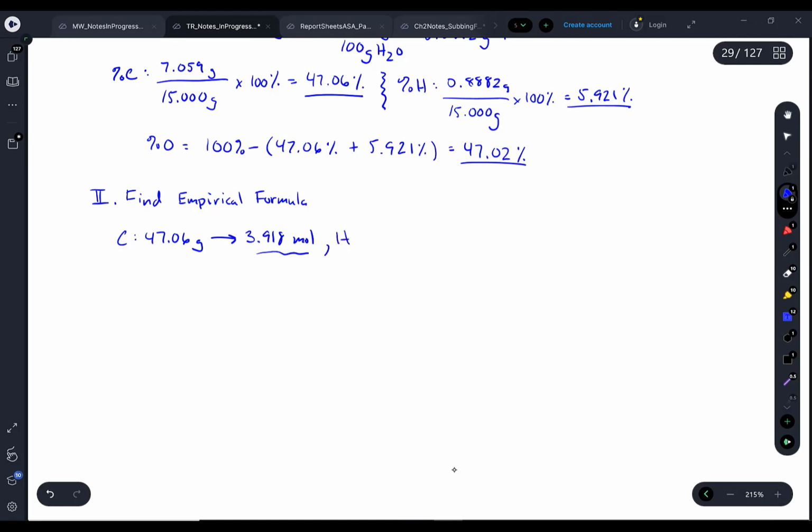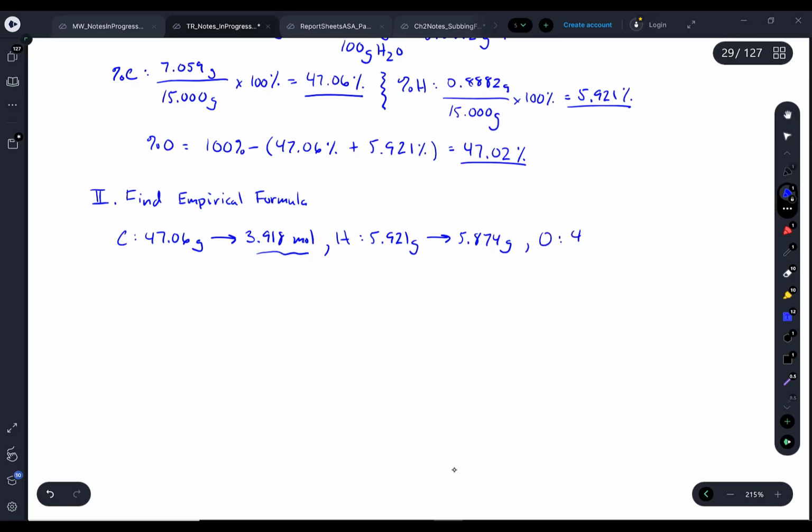Now we need to do that for hydrogen. We have 5.921 grams. So we're going to convert that to moles. 5.921 divided by 1.008 is 5.874 moles. And we need to do that for oxygen.